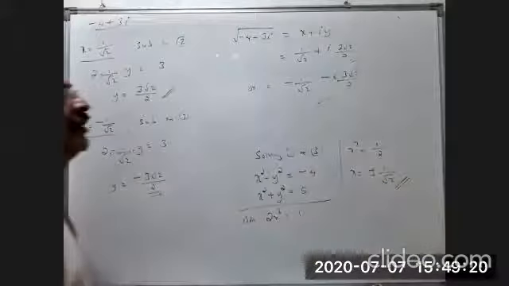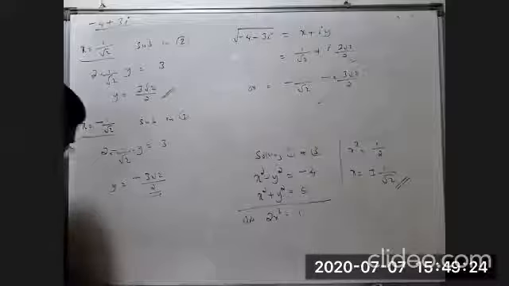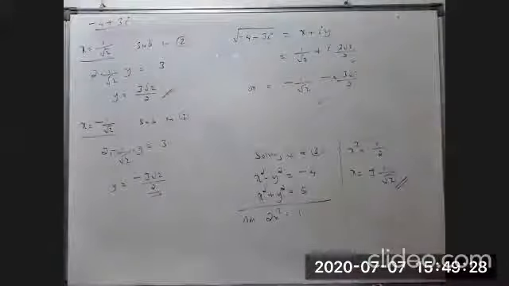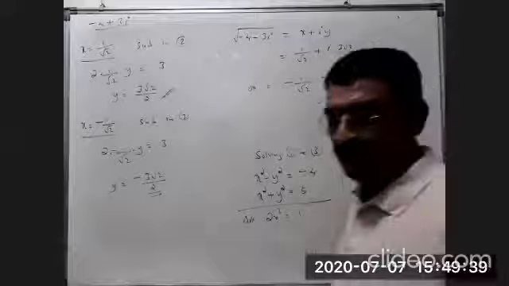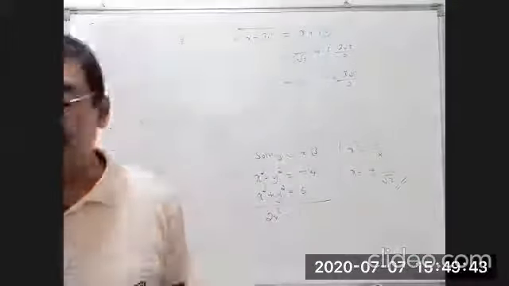These are the two values. So always you write those two values. So this is finding the square root of a complex number.